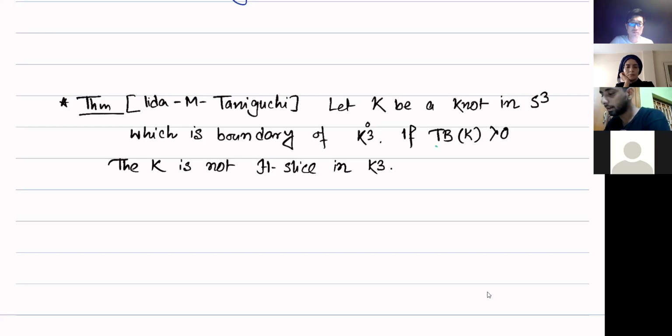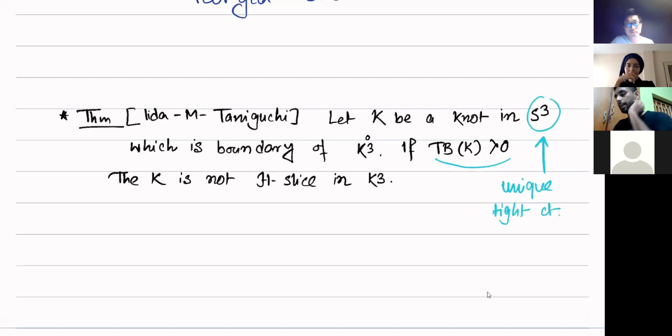So notice that as a three manifold S3 has a unique contact structure, given by Eliashberg. So in that sense, I can now talk about the Thurston-Bennequin number of a knot in S3 loosely, in the sense that I think of a Legendrian representation of this knot in this unique tight contact structure.